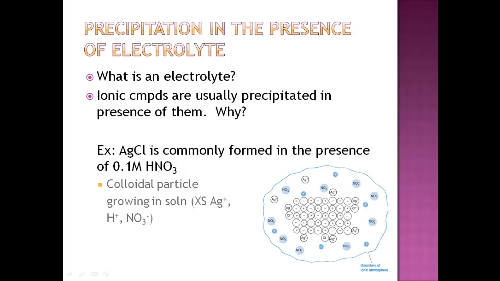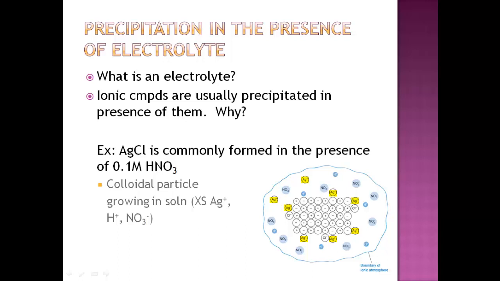The particle itself has a net positive charge because of all of the adsorbed silver ions. Side note, adsorption means to be attached to the surface versus absorption, which means to go beyond the surface. So I'm talking about silver ions that are adsorbing onto the surface of this particle.